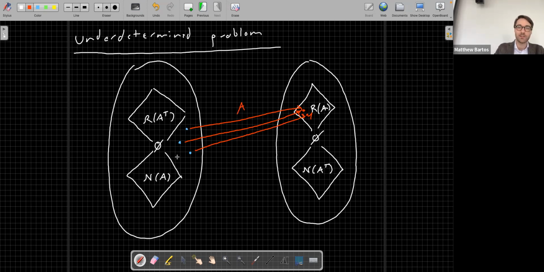And each of these vectors in our domain that map to Y consist of some component from the range of A, along with some component from the null space of A. So each one of these, there's this component from the range of A transpose, and there's also a component from the null space of A.